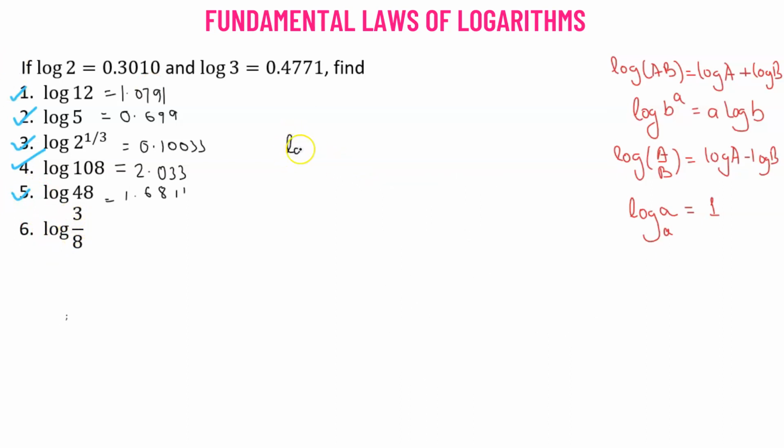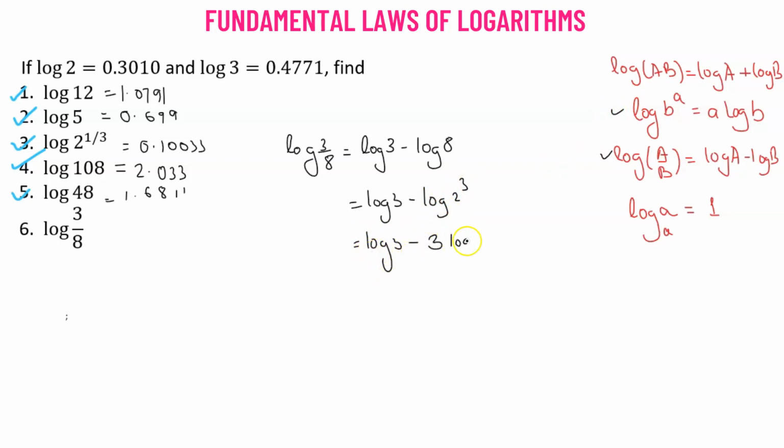We have to find the value of log of 3 over 8. Here we'll use the property log of a over b equals log of a minus log of b. So that means we have log of 3 minus log of 8, but 8 is also 2 cubed. Now we can use this property to rewrite our expression as log of 3 minus 3 log of 2.